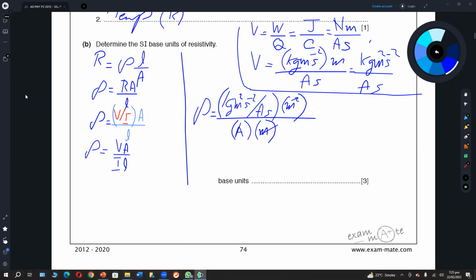And after that, one meter is still left up. So and A will be cancelled? No, the A is in the denominator. You can't cut denominator with numerator. So it will be kg, I'm writing m cube. How come it gets m cube? Meter square into meter.